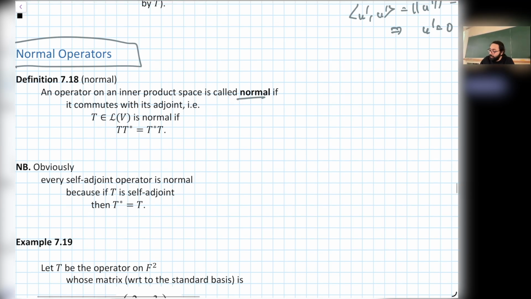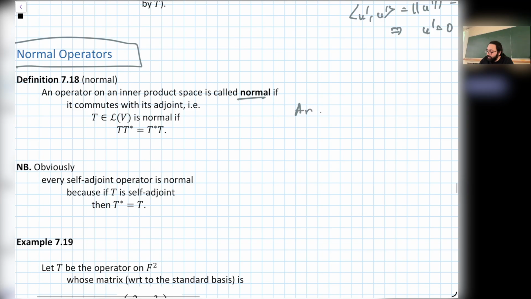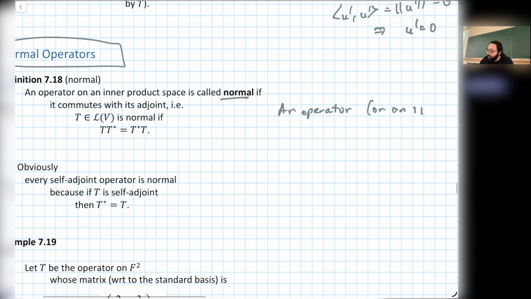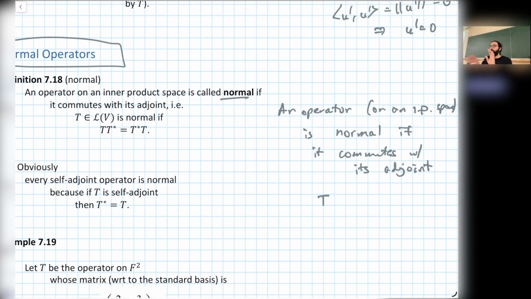So we say an operator T, an operator on an inner product space, is normal if it commutes with its adjoint. So what does that mean? What does commute mean?